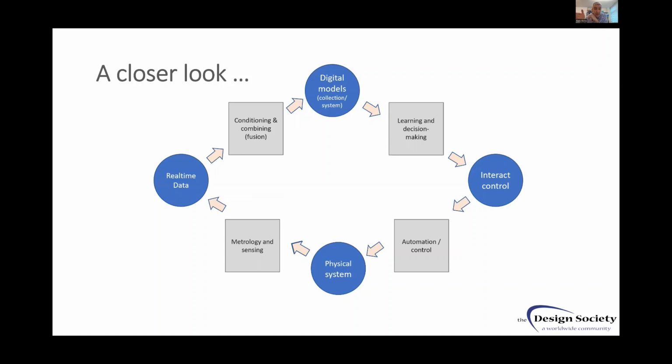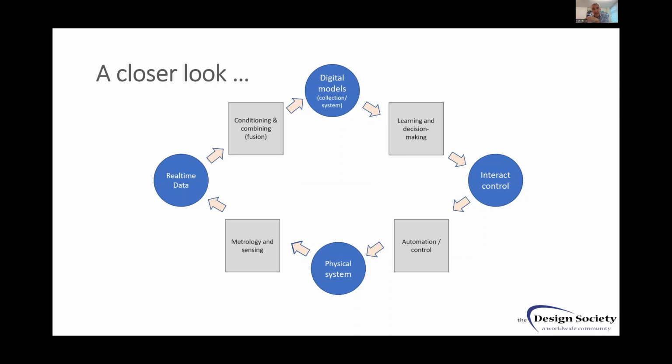Between interact and control and the physical system, there needs to be some level of automation or control, some means to intervene automatically. Between the physical and data, we need to have some metrology and sensing. And between the data and the digital models, there's a need to condition and combine that data so it's tractable or usable within digital models themselves.